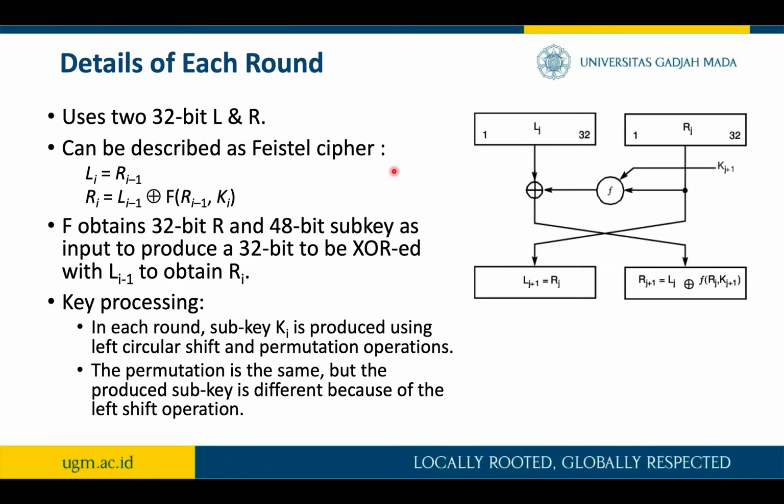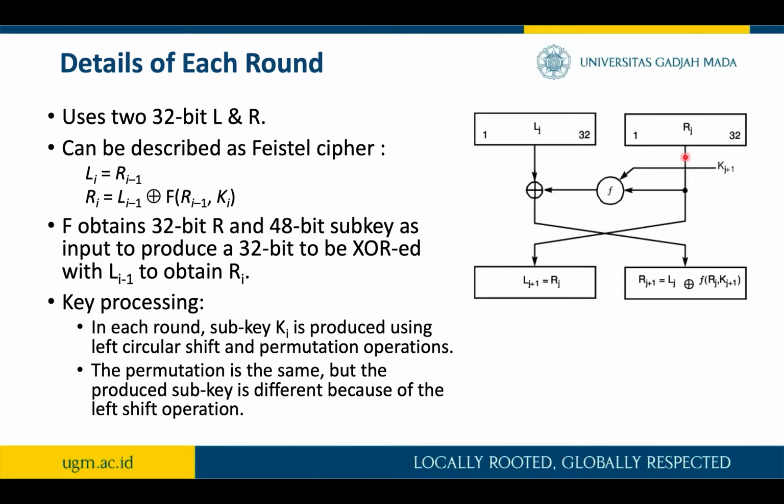For each round, we use the Feistel structure. We divide the sequence of bits into 2 parts: the left part and the right part. The left part consists of 32 bits, and the right part also consists of 32 bits.